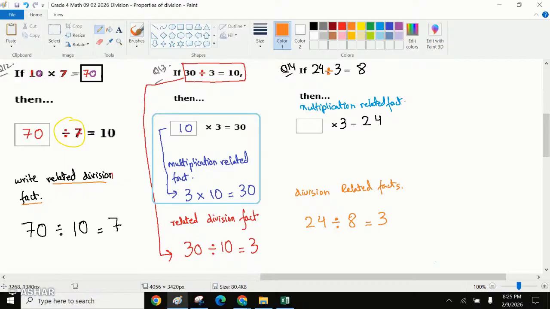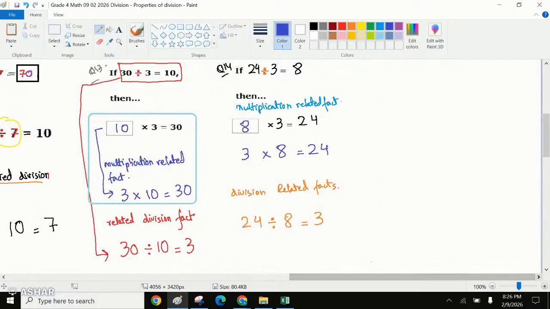Perfect. Thank you, May. That means 8 multiplied by 3 was 24, or we can write 3 multiplied by 8 is also 24. Agreed? So if we have the division, we can easily find the multiplication, okay?